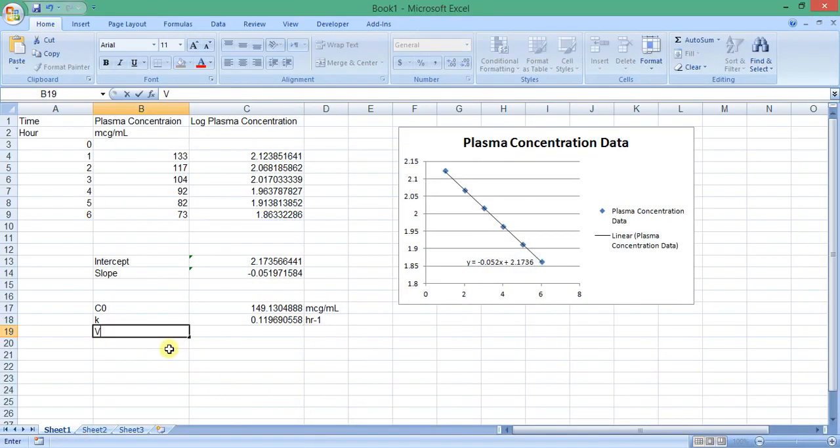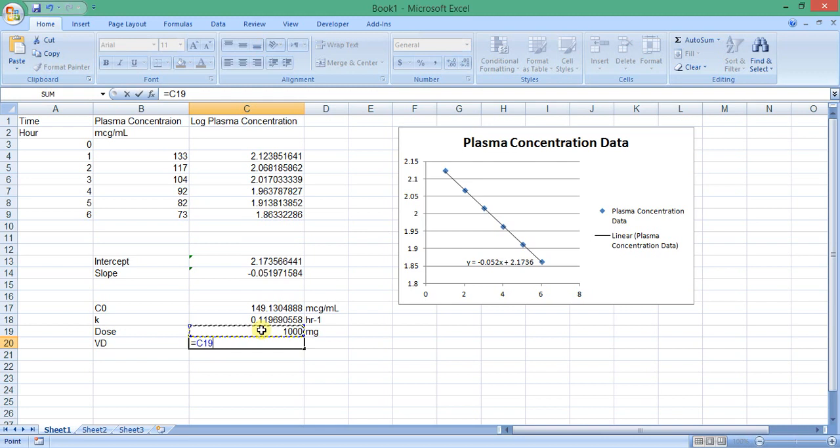So Vd equals dose, and the dose in this case was 1000 milligram. Let's assign a specific cell for the dose, 1000 milligram, and then calculate Vd in the next cell.